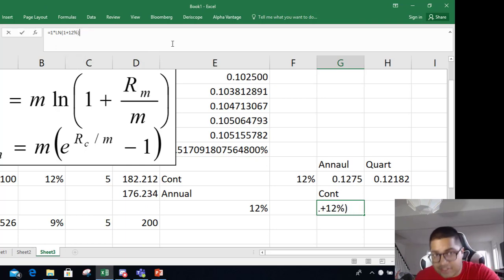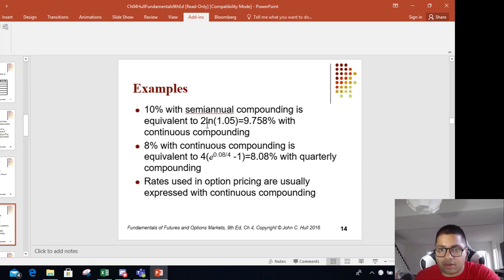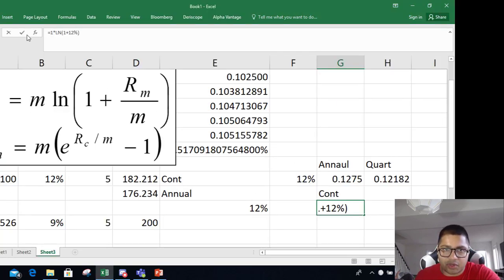So it is the natural log of 1 plus 12%. There is a difference between base 10 log and natural log. So they are using natural log. That's why. So if you press enter, it should be 11.33. So if annual is 12%, continuous is 11.33.